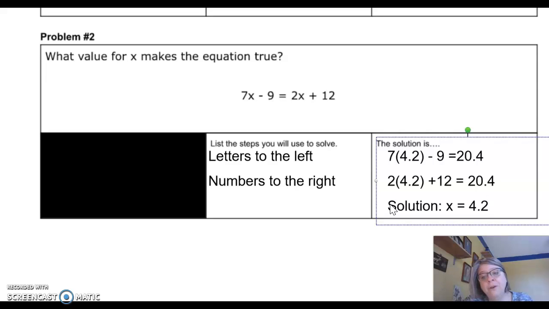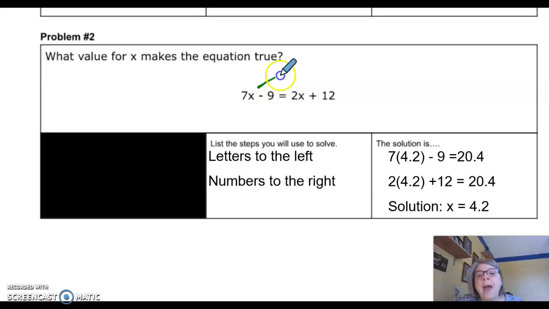And that is how you solve an equation with 2 steps. The 2 steps are the letters go to the left, numbers go to the right. You move something across the equal sign by adding the opposite. I always think of this as opposite bridge. You'll have a very quick, easy solution to your equation.